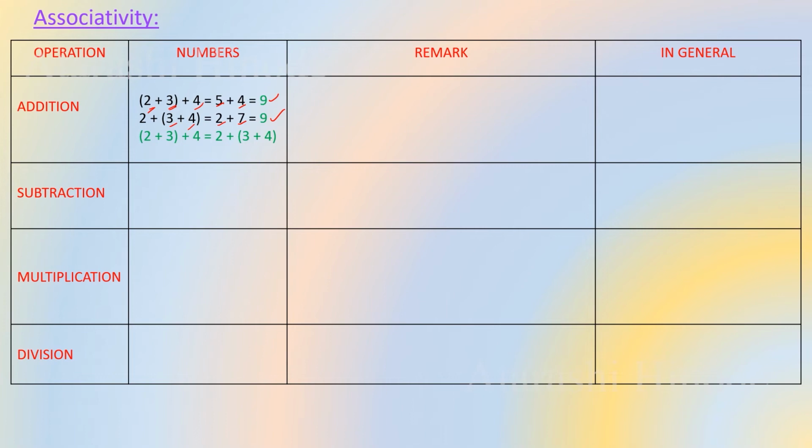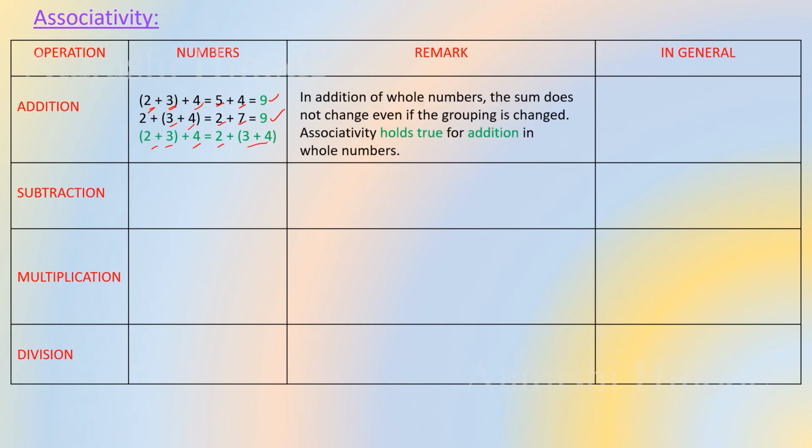So we can write (2 plus 3) plus 4 is the same as 2 plus (3 plus 4). That is, in addition of whole numbers, the sum does not change even if the grouping is changed. Associativity holds true for addition in whole numbers. In general, if a, b and c are three whole numbers, then (a plus b) plus c equal to a plus (b plus c).